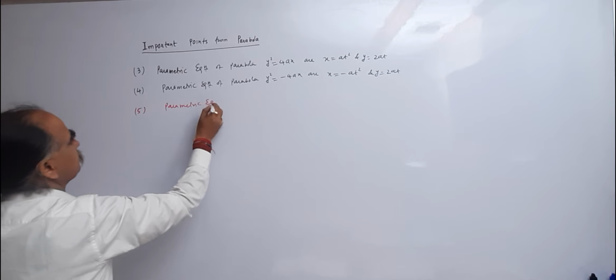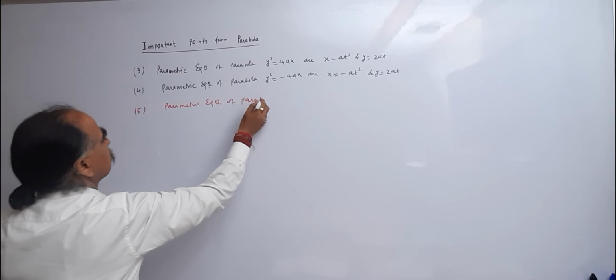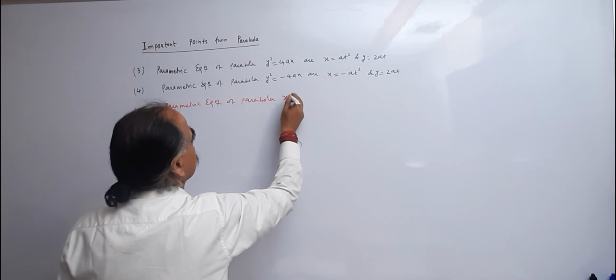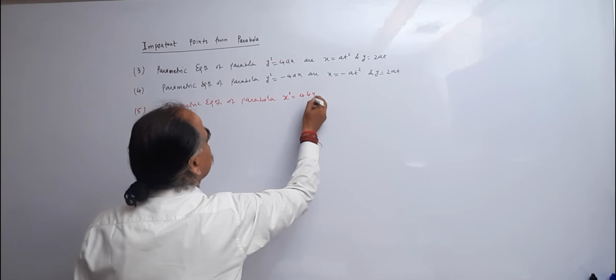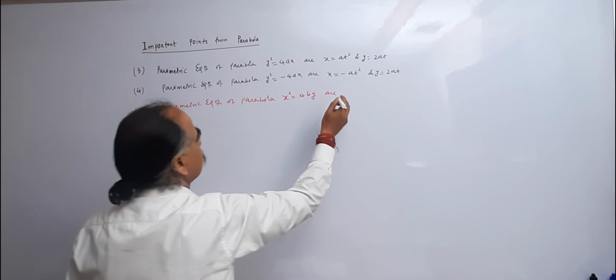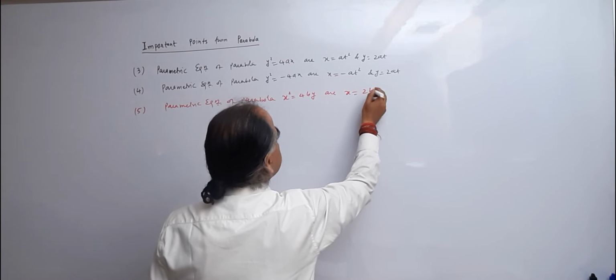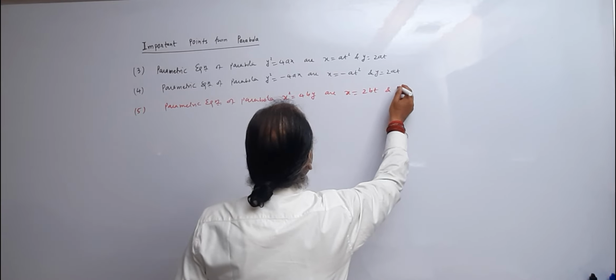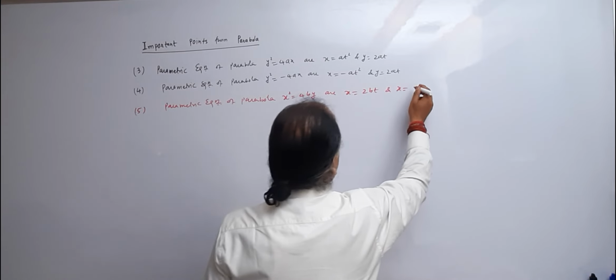Parametric equation of parabola x square is equal to 4by, or x is equal to 2bt and y is what? bt square.